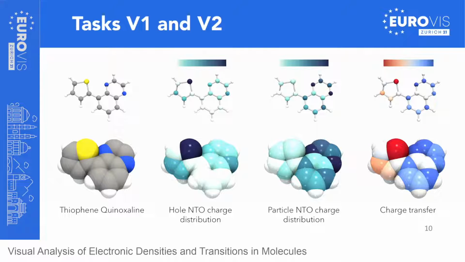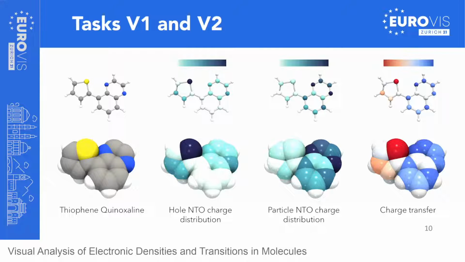Once we have computed the segmentation at atomic level and accumulated the charges within each atomic segment, we can visualize the charge distribution at atomic level both at whole natural transition orbital and at particle natural transition orbital.